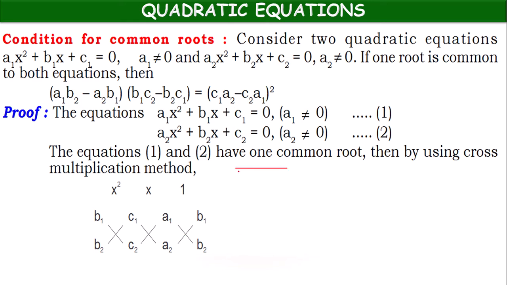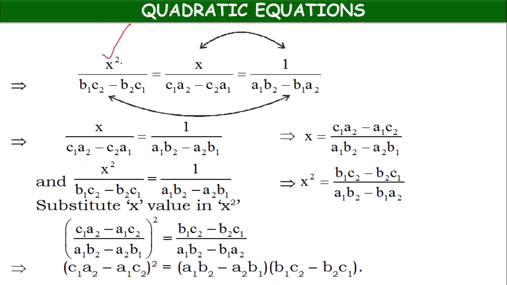If they have one common root, then according to the cross multiplication method it can be written in the form of x² by this difference of cross multiplication products, b1c2 - b2c1. So x²/(b1c2 - b2c1).